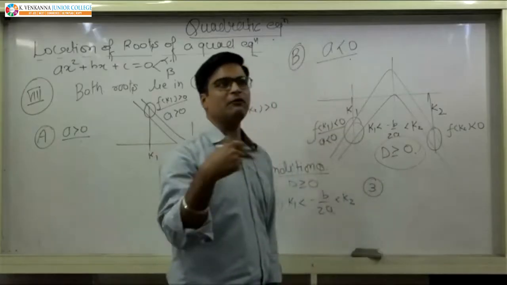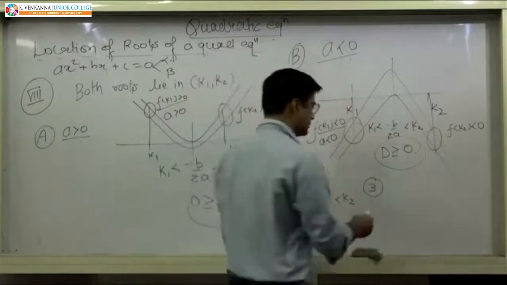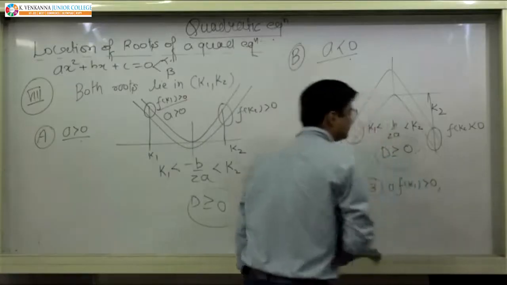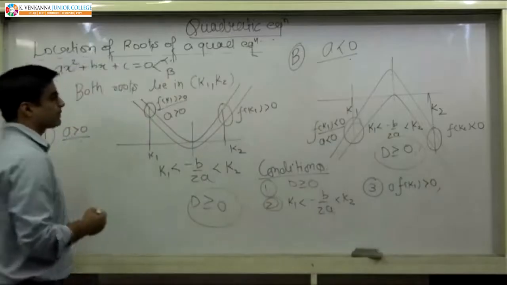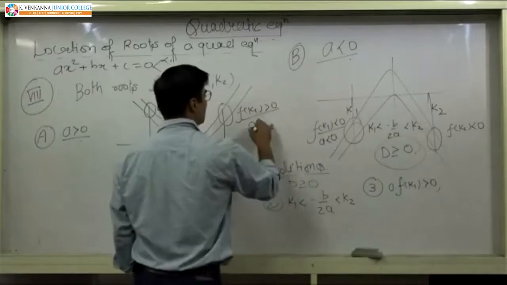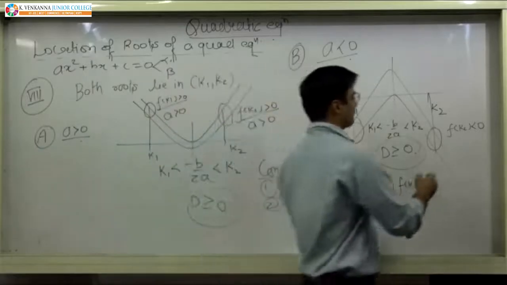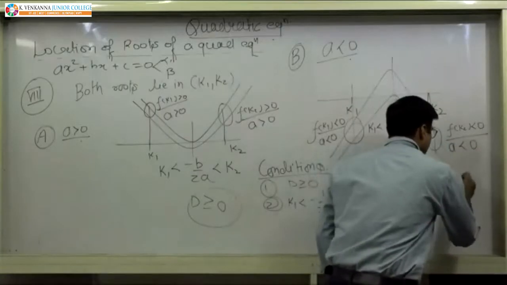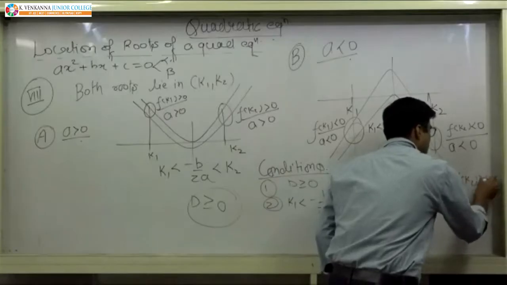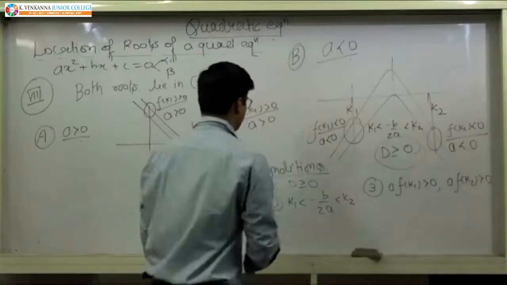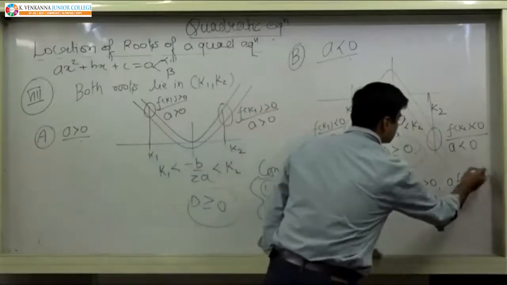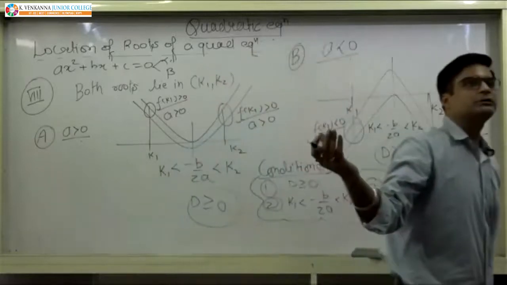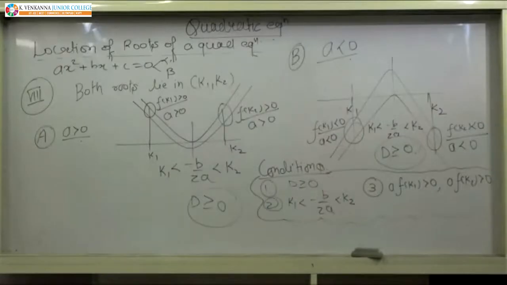That means a and f of K1 both are of same sign. So a times f of K1 is greater than 0. Okay. Again, f of K2 is positive and a is positive. F of K2 is negative and a is also negative. So a into f of K2 is also greater than 0. So these are the 3 conditions for both the roots of this quadratic equation to lie in interval K1, K2.